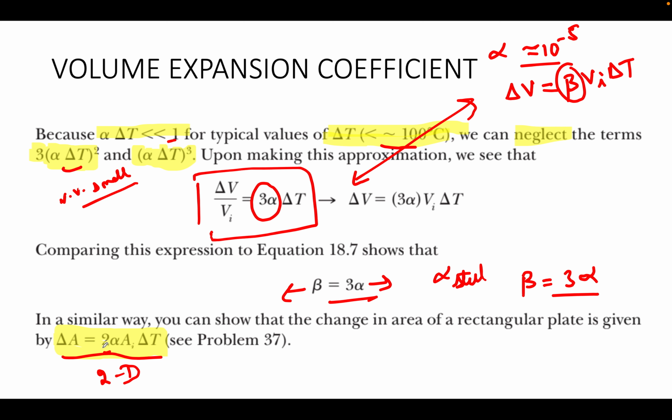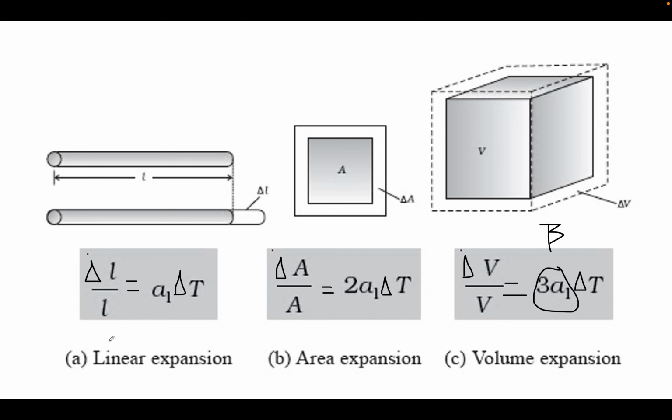So these are the diagrammatic representations of how we can show the expansions along linear, along one dimension. The expression is given here.